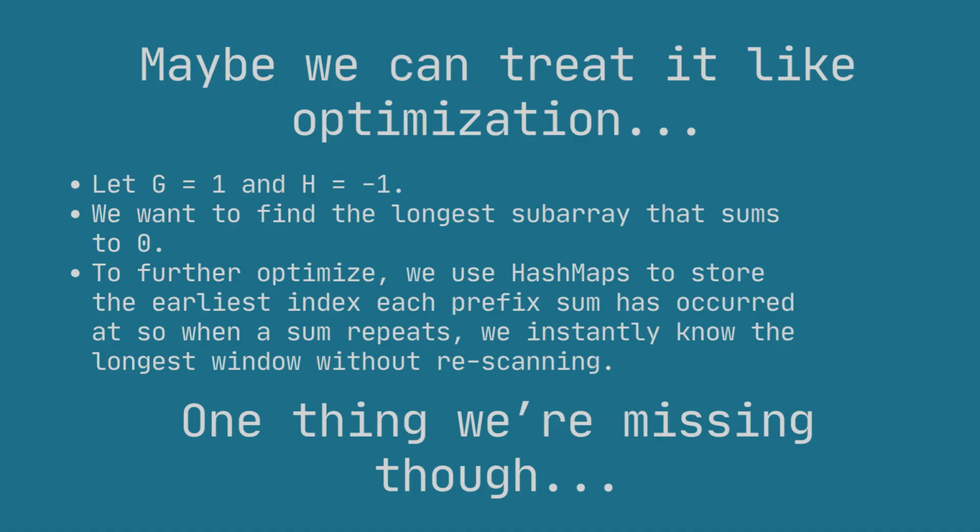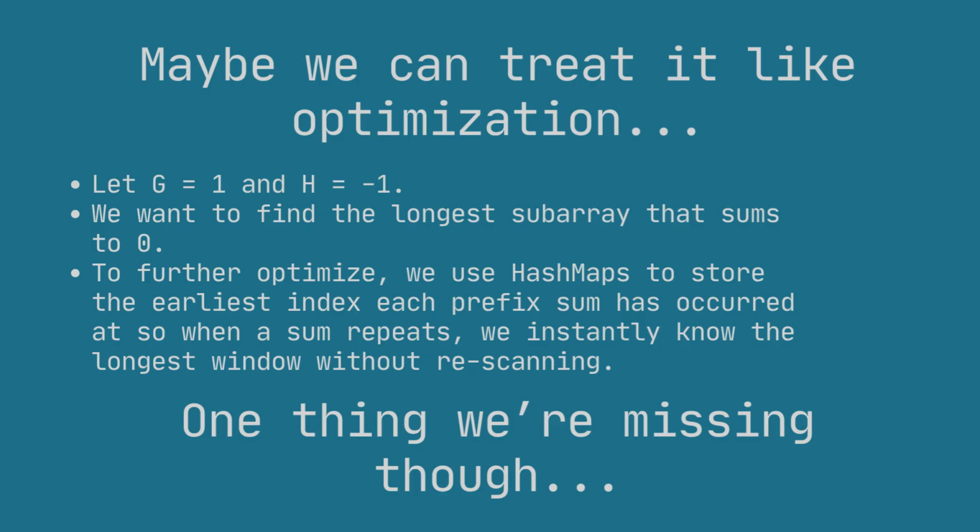My next approach was to treat it like an optimization problem. I let G equal 1 and H equal -1, and we wanted to find the longest subarray that sums to 0. To further optimize, we use hashmaps to store the earliest index each prefix sum has occurred. So when a sum repeats, we know instantly the longest window we have so far without rescanning.